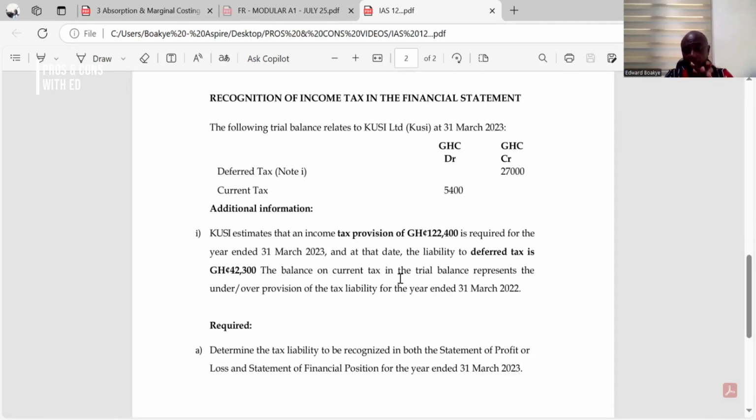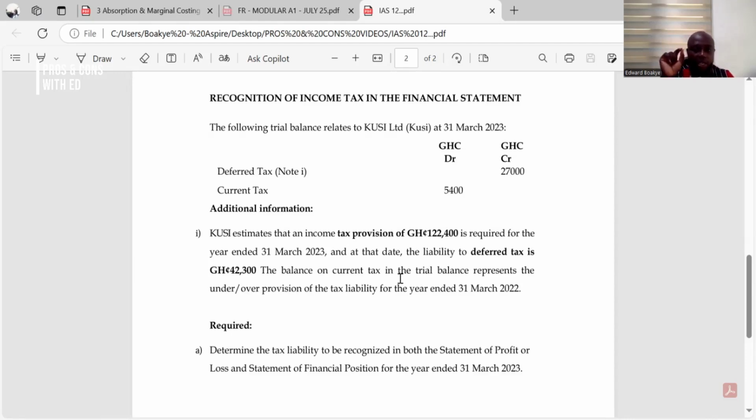That is the explanation we just gave. Now, Kusi estimates that an income tax provision of 122,400 cedis is required for the year ended 31st March 2023. And at that date, the liability to deferred tax is what? 42,300.